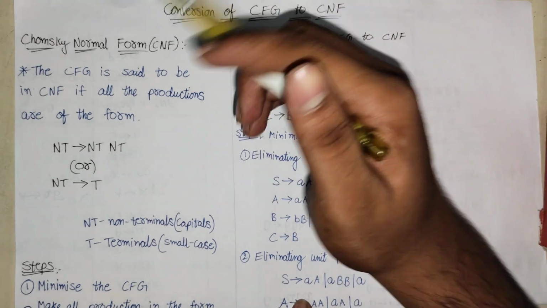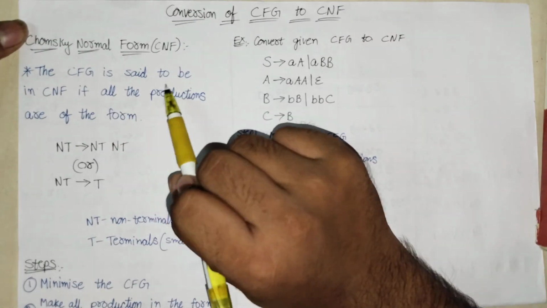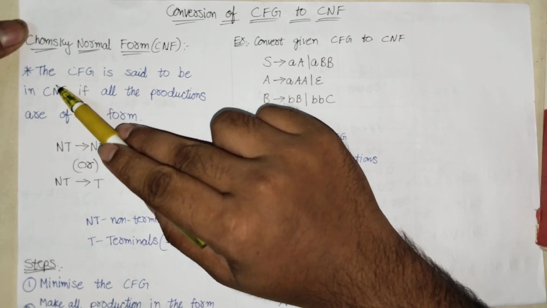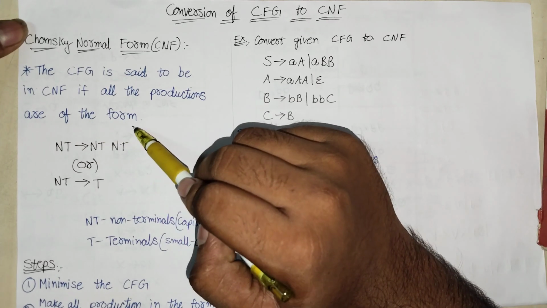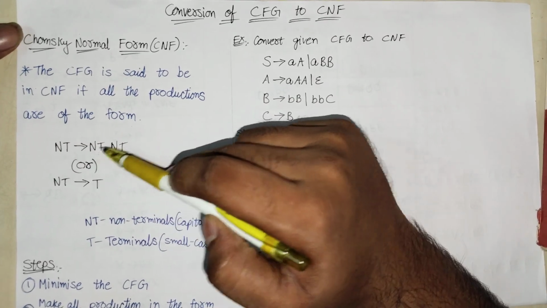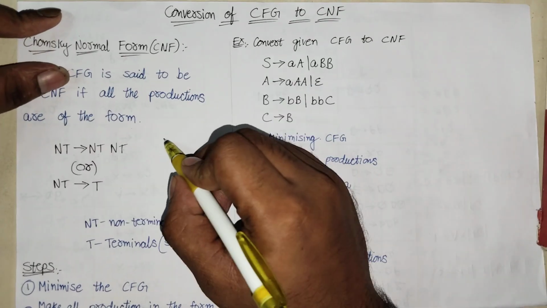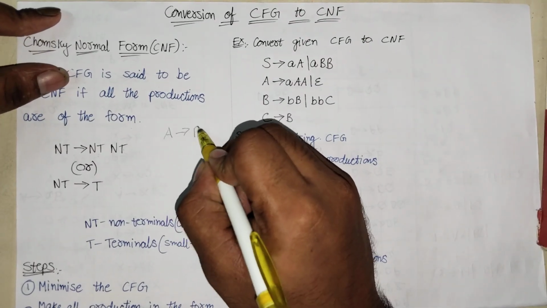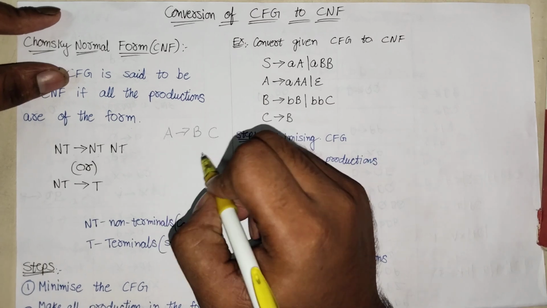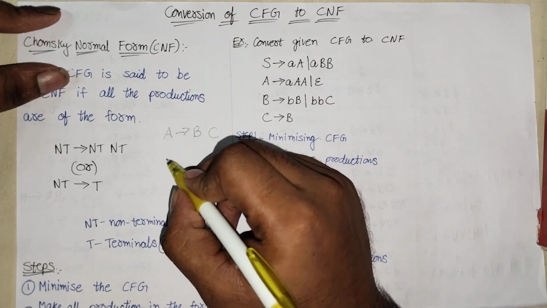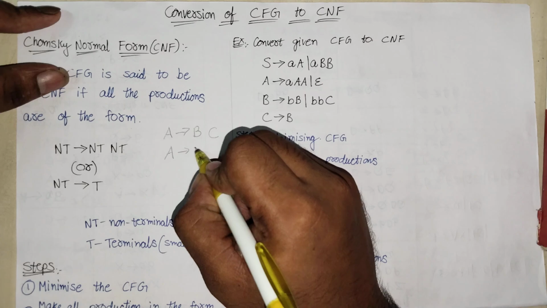A CFG is said to be in the Chomsky normal form if all the productions are of the form non-terminal tends to non-terminal and non-terminal, like capital A tends to capital B and C, or non-terminal tends to terminal, like capital A tends to small a.